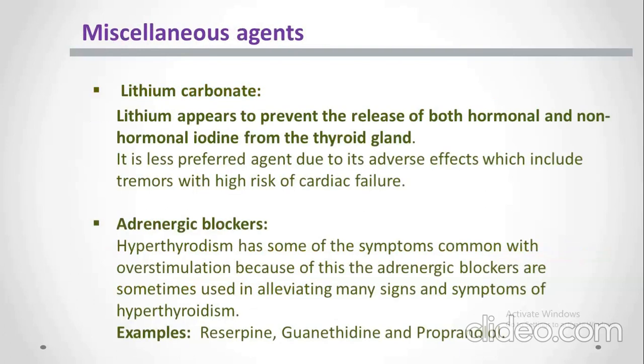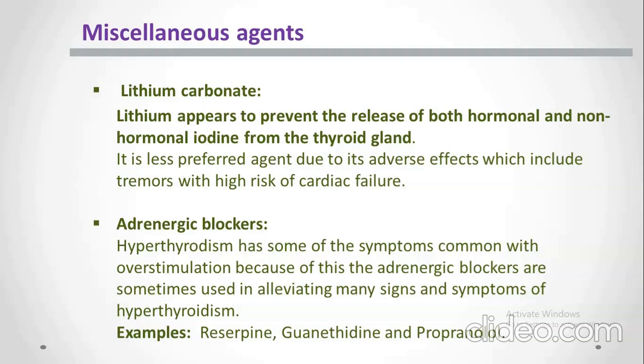And some miscellaneous agents like lithium carbonate. Lithium appears to prevent the release of both hormonal and non-hormonal iodine from the thyroid gland. It is a less preferred agent because its adverse effects include tremor with high risk of cardiac failure.